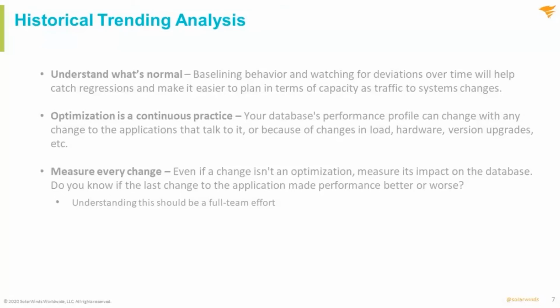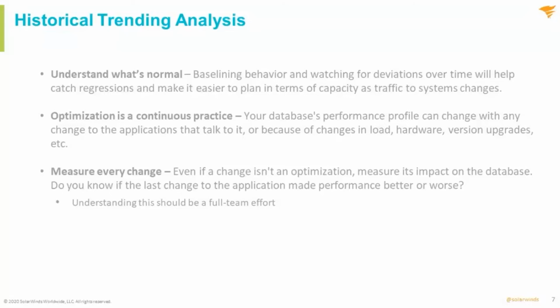If you go and look at your database performance once in isolation, you don't know if that was the system at its lightest load or at its heaviest. You don't know if what was going on is normal or not. And so we need to understand what's normal and have eyes on how the workload is performing, how the system is performing, what its resource utilization looks like. And once we understand what normal looks like, we just need to keep monitoring with every change we make.